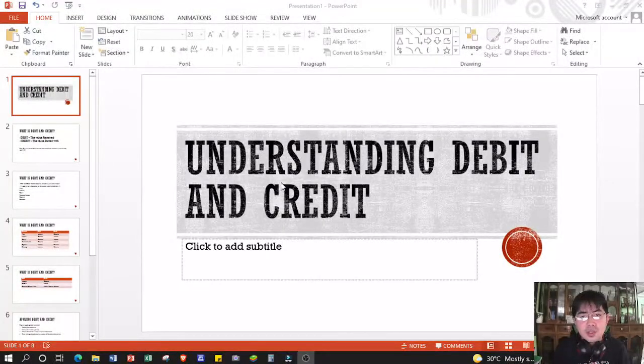Understanding debit and credit. Daghang estudyante, I have a lot of students nga nagalisod even if they are already in higher years, and even katong mga graduate sa senior high school og ABM strand nagalisod gyapon sa pagsabot sa debit and credit kung unsa siya gamiton.